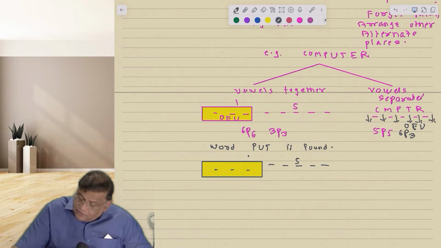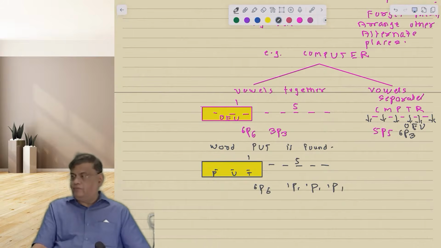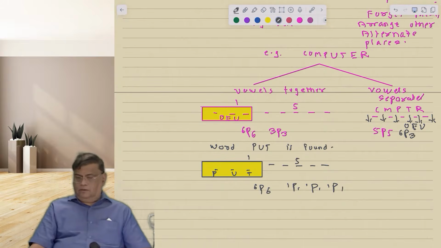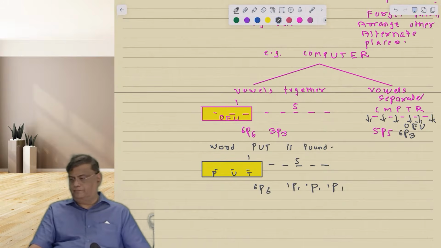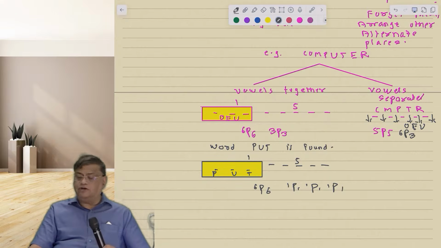So these are 5 and this is 1. It will be 6P6. But now P is fixed and U is fixed. So it is 1P1 into 1P1 into 1P1, because I cannot interchange the order.